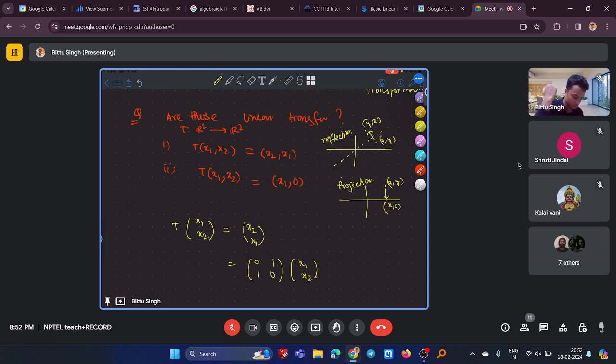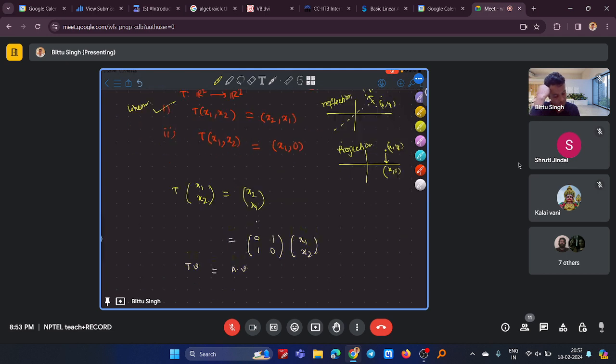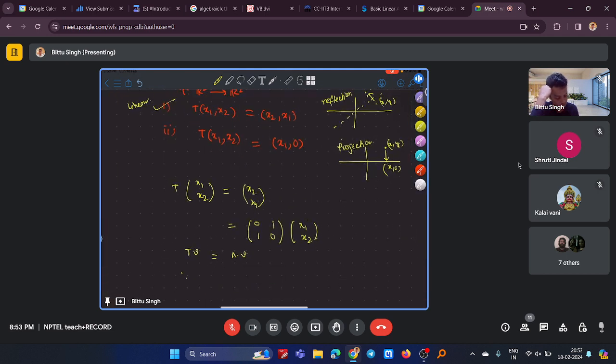Now clearly T of v is the same as A times v. Multiplication by any matrix is a linear transformation. Hence, this T1 is linear.